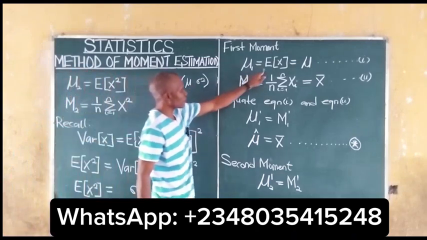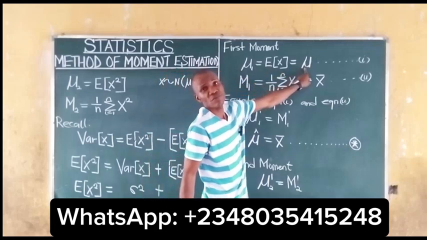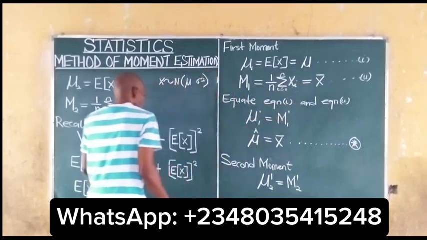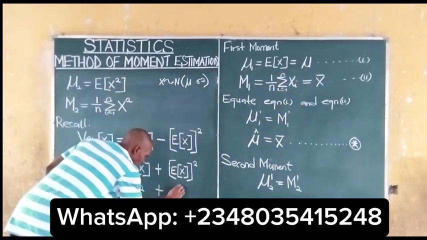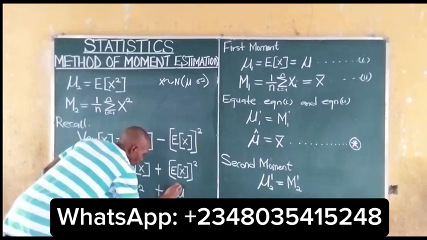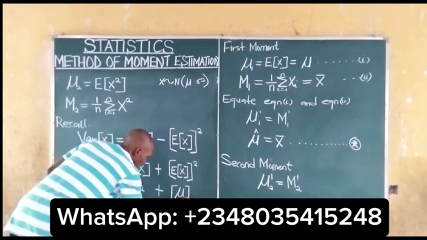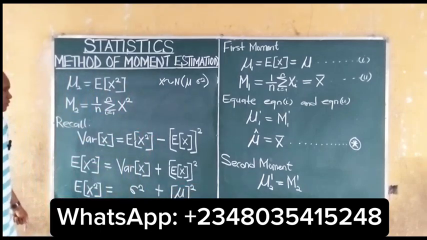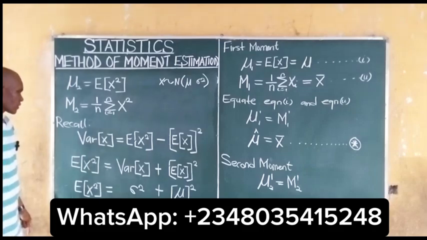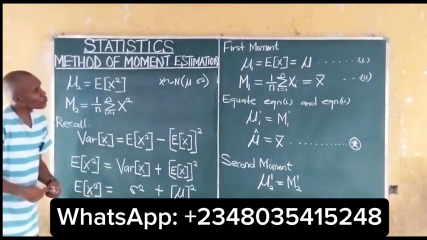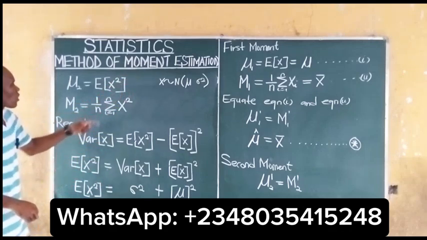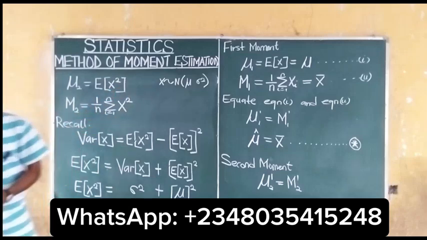Of course, we got our expected value of x to be the mean mu. So we write this here, all squared. So that is what we got. We can move over to this other side of the board because we've not gotten the value of this.